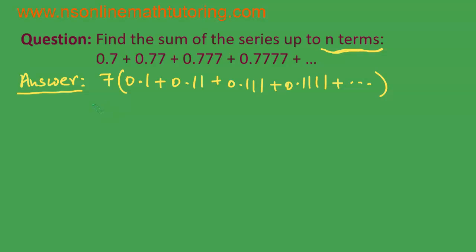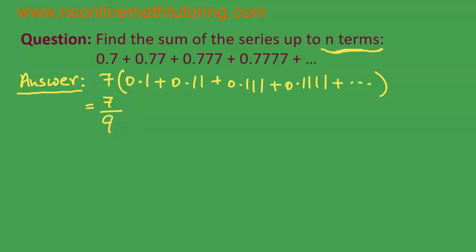Next, what I want to do is multiply all the terms within the parenthesis by 9. For that, I have to divide by 9 as well because I cannot just multiply the terms by 9. That will be changing the value of the series.